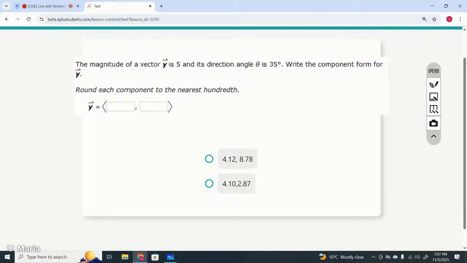The magnitude of a vector y is 5 and its direction angle theta equals 35. What are the components of y? So that would be b cos theta and b sin theta. So b is 5.